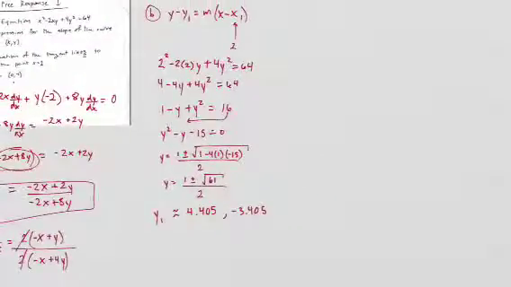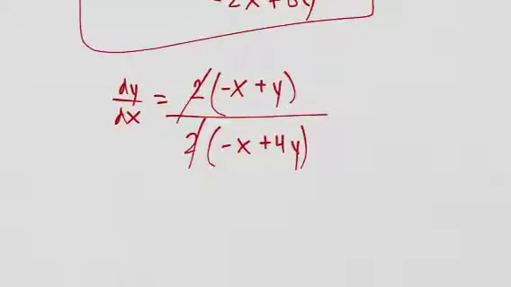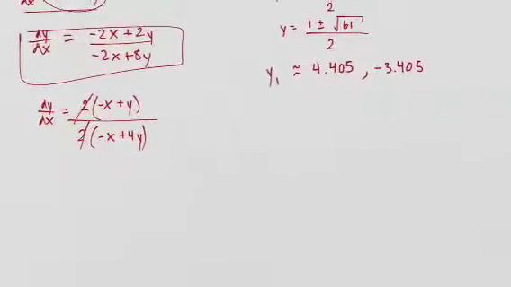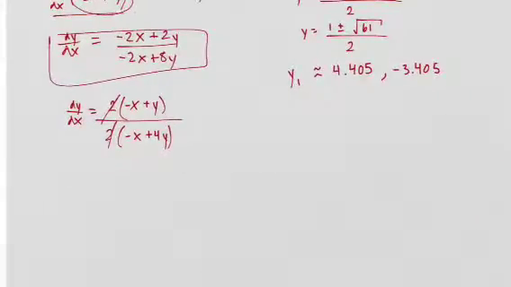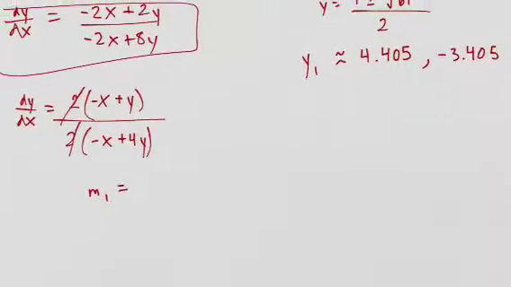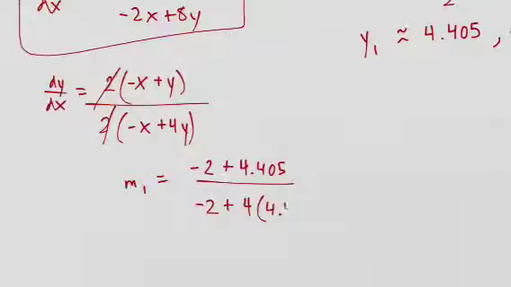And now it's time to find the slope. Well, that's easy. We already have a formula for the slope. I just need to plug in stuff. But I have two y values, which means I'll have two slopes as well. So for the first slope, I'll plug in 4.405 for y, and a 2 for x, so it's negative 2 plus 4.405 over negative 2 plus 4 times 4.405.